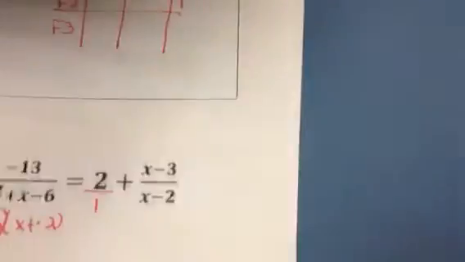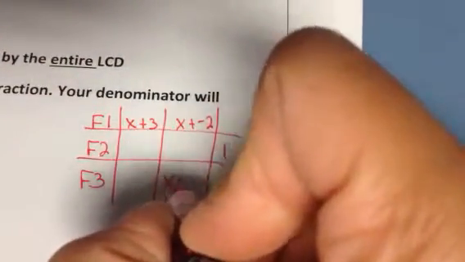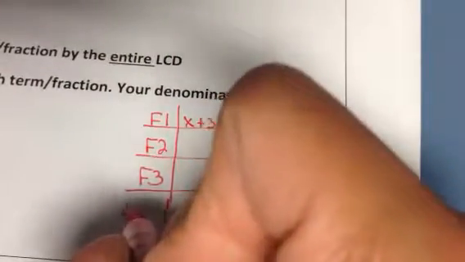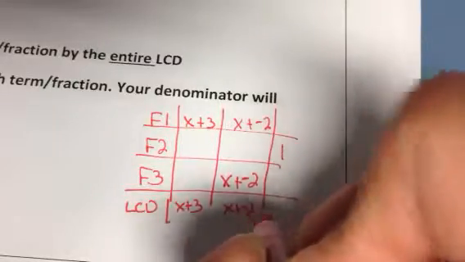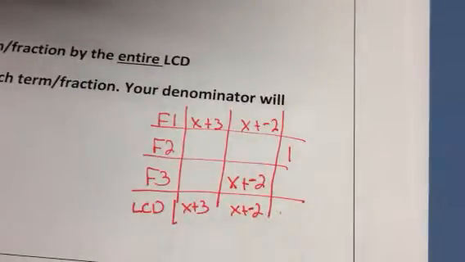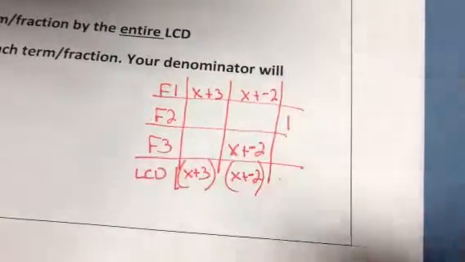And then in fraction 3, I just have the x minus 2. And so x plus negative 2 is the same thing, so it'll fall in the same category. Bring everything down, and I get an x plus 3 and x plus negative 2. And again, the 1 in factors does not matter. So this is my least common denominator, x plus 3 and x plus negative 2.